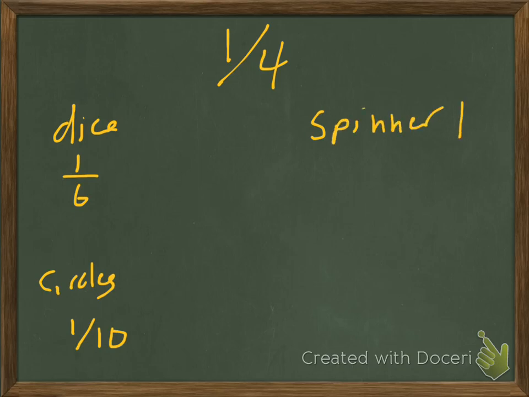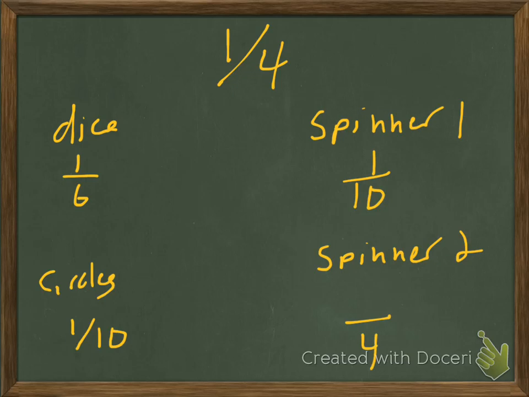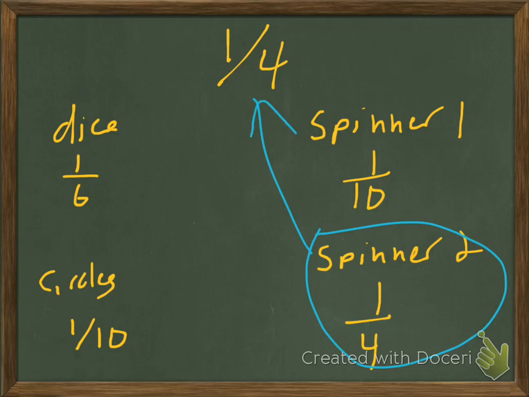So there are 10 possibilities, and how many of them are winners? 1 out of 10. On spinner 2, how many possibilities are there? 4. And how many are winners? 1. So that last one is the one we're looking for. Alright, that's the whole test.